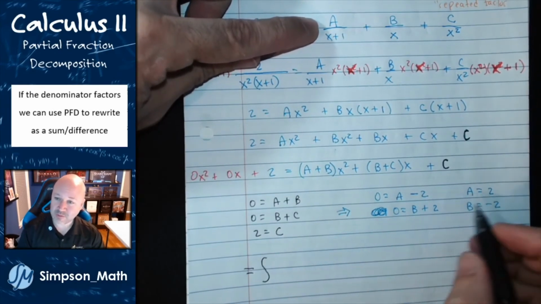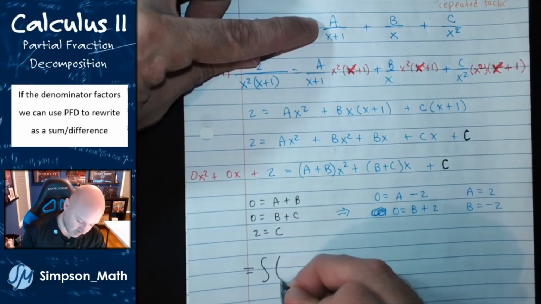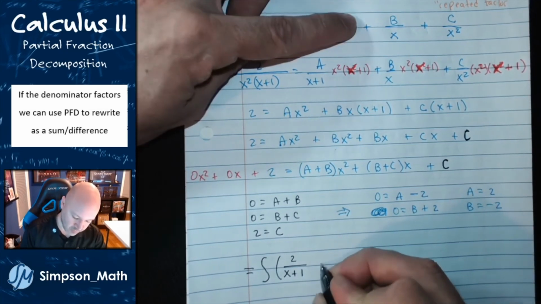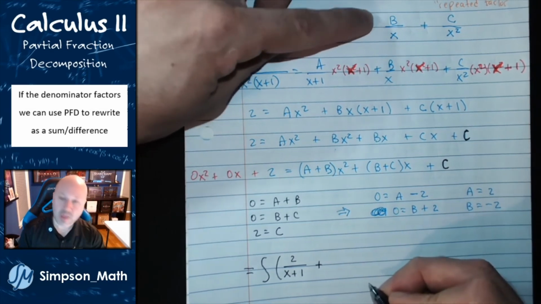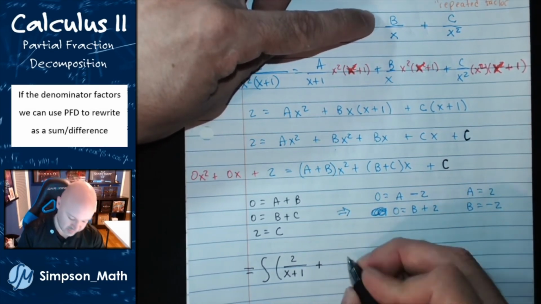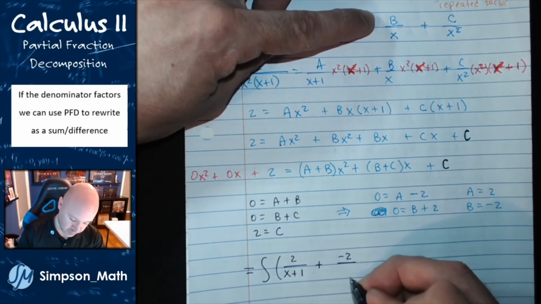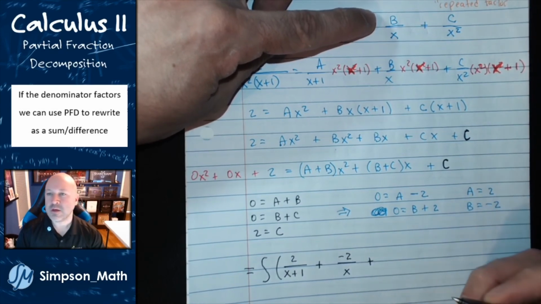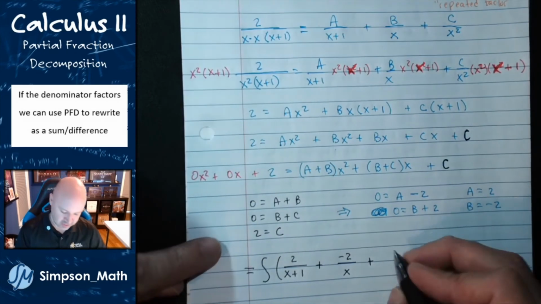A over x plus 1, where A is 2. B over x, where B is negative 2. C over x squared, where C is 2.